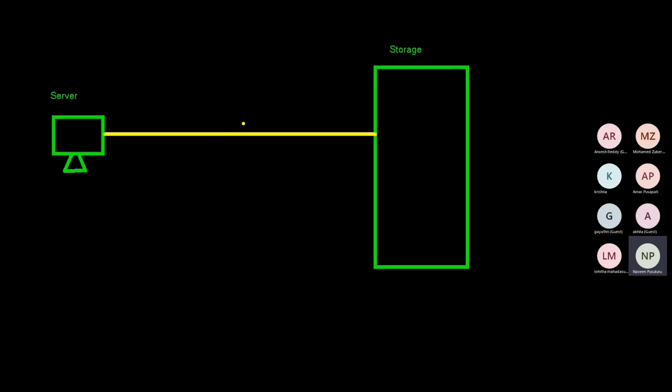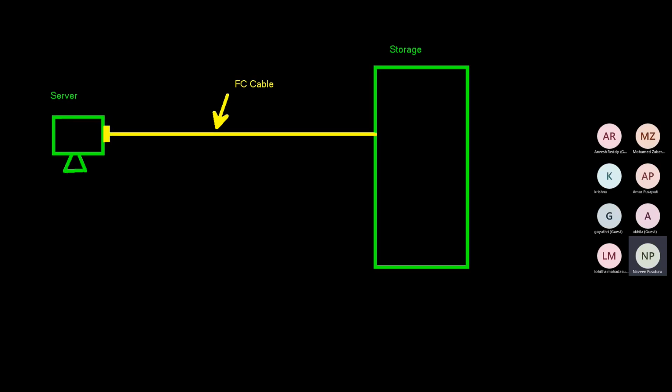These two devices will be connected to each other directly. There will be no SAN switches, nothing, no medium. They'll be connected directly via a Fibre Channel cable, FC cable. That is what we call a point-to-point connection. So in a point-to-point connection, only two devices will be connected to each other.